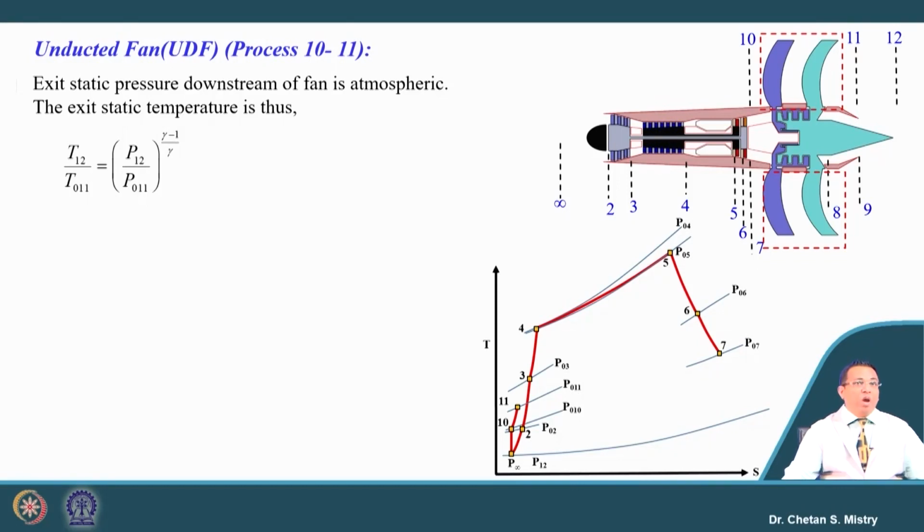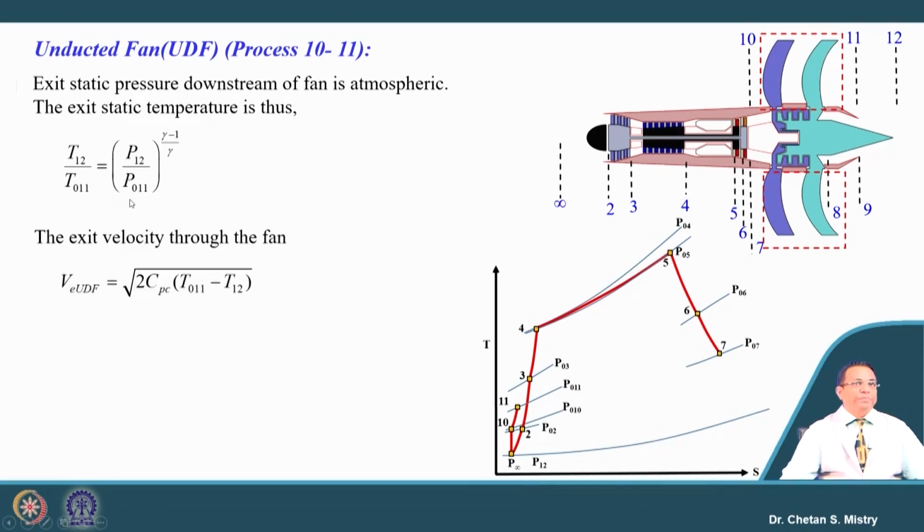So, in order to calculate that momentum thrust, we need the exit velocity, and in order to have that exit velocity we must know the static temperature at the exit. Now, in order to calculate that static temperature, we can write down the ratio of the temperature by this formula.